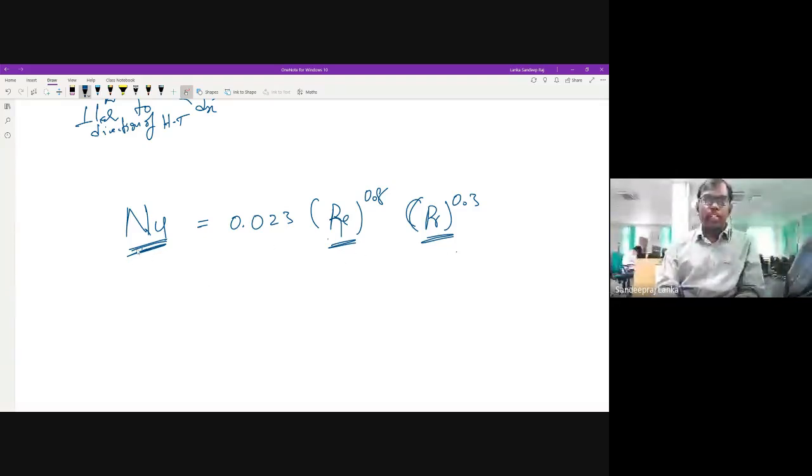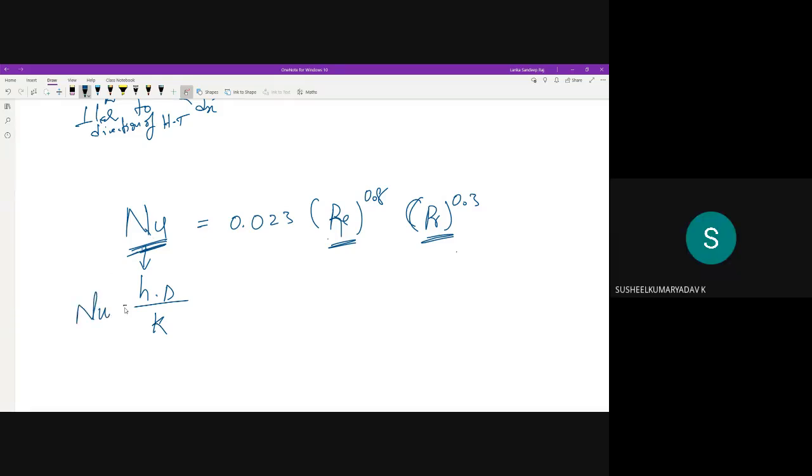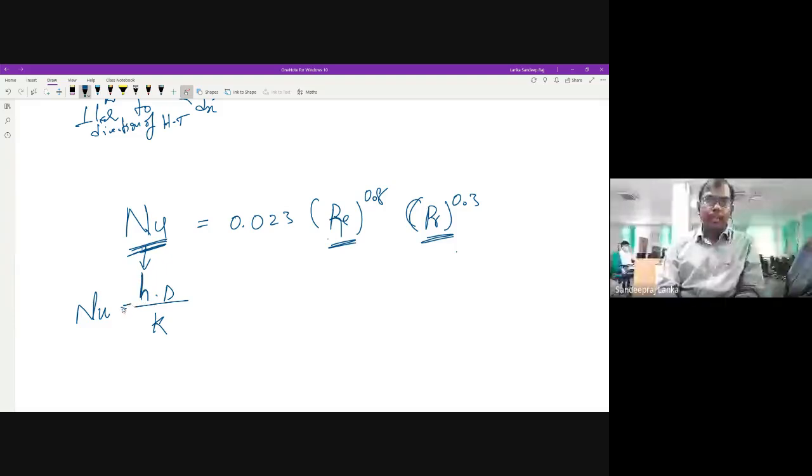Using these, you will find H. Nu is non-dimensional H, that is H into D by K. This is the formula for the Nusselt number. So you have H here, and D and K are anyway known to you.